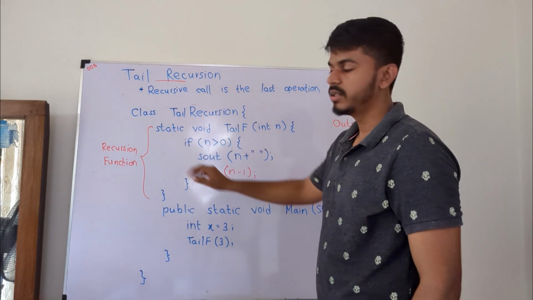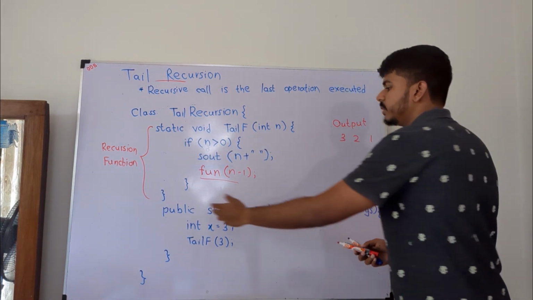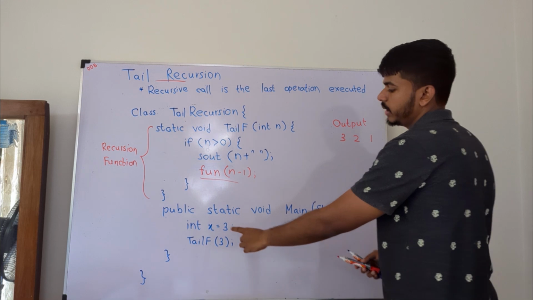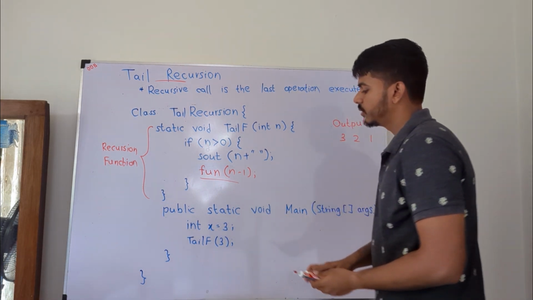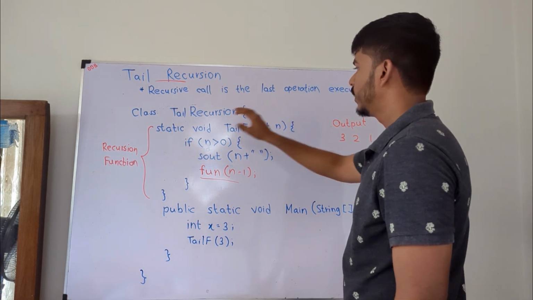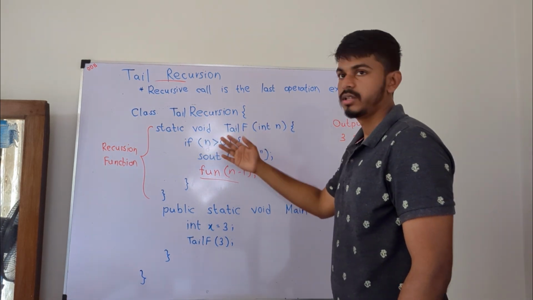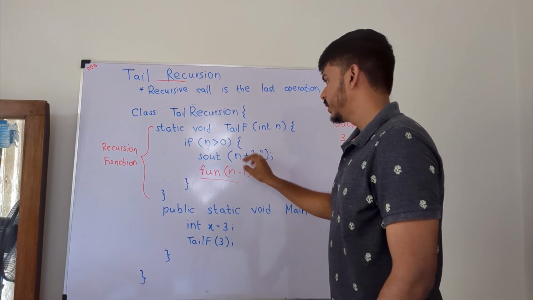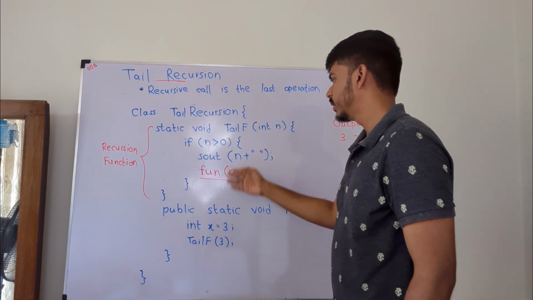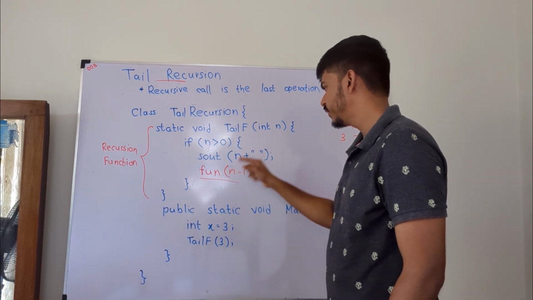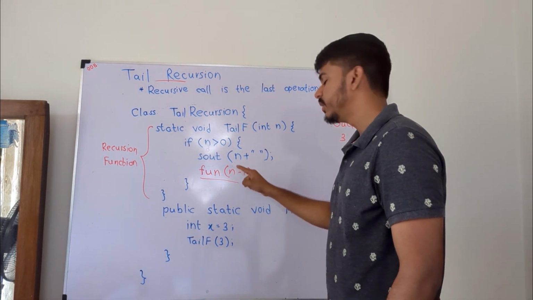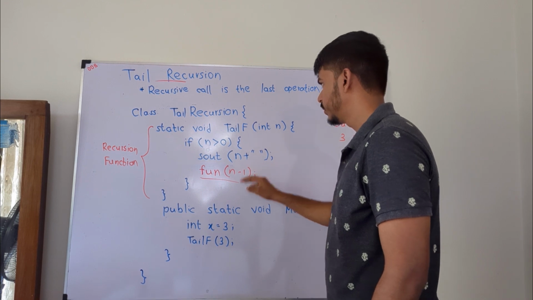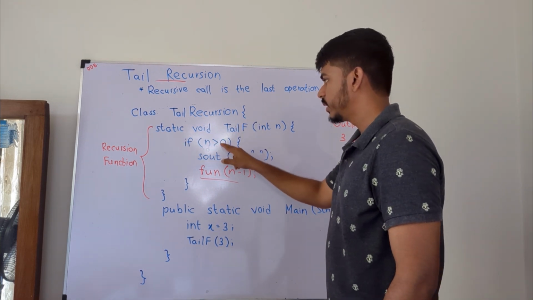So what does this function do? In the main function I have taken integer 3 as an argument. It takes 3, checks whether 3 is greater than 0, yes, prints 3, then calls the function itself, subtracting 1 from the integer we input. So 3 minus 1 is 2, checks whether 2 is greater than 0, yes, prints it, calls the function itself, subtracting 1 from 2. Is 1 greater than 0?